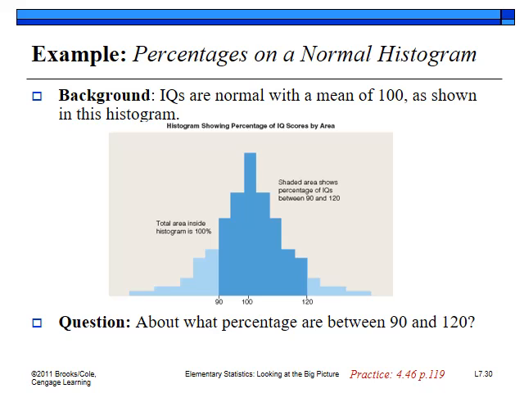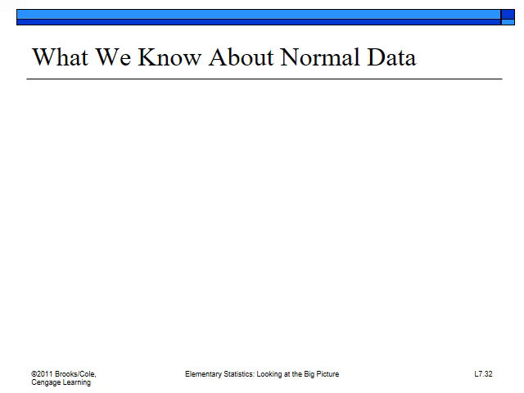The percentage of respondents that would fall between 90 and 120 in IQ corresponds to the area that's shaded in the darker blue. Eyeballing it, it looks like it's about 2/3 of the area, which would correspond to 67%. We'll find the precise number later.